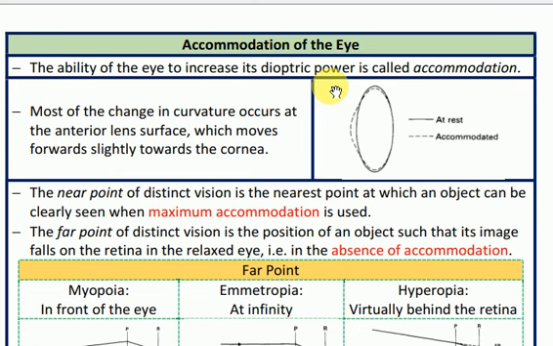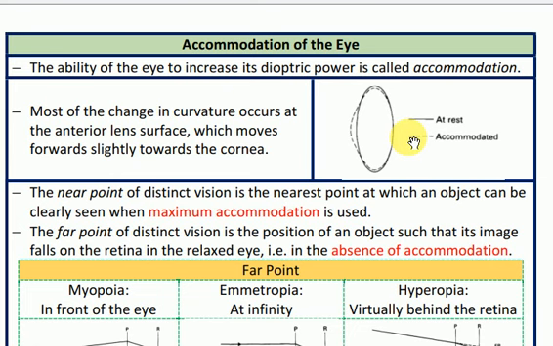Ciliary muscle contraction reduces the tension on the suspensory ligament and allows the lens to assume a more globular shape, as can be seen in this figure. The curvature of the lens surface and the lens thickness are increased, and thus the dioptric power is increased.